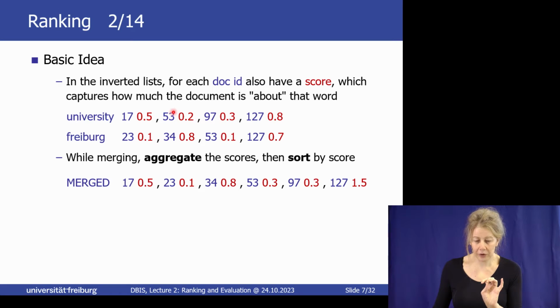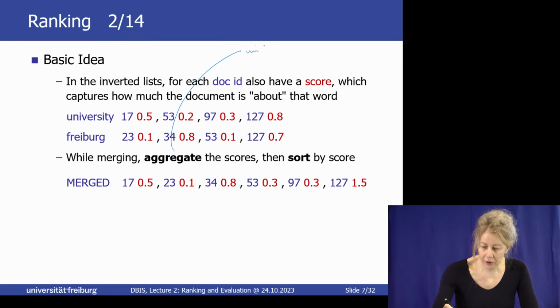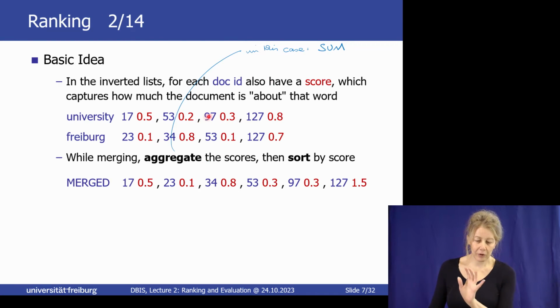And 53 contains both university and Freiburg, and then we just sum up the score. So aggregate just means you have several scores. In this case, sum. It doesn't have to be sum, you could also take the maximum or something like that, just saying that's one way to aggregate. 127 contains both words with a high score, so it gets 1.5, 0.8, 0.7.